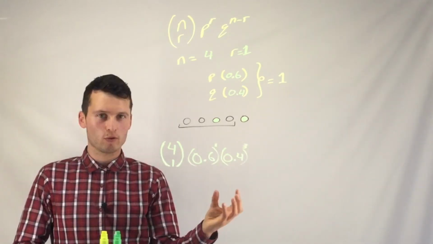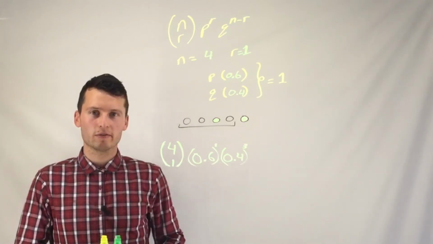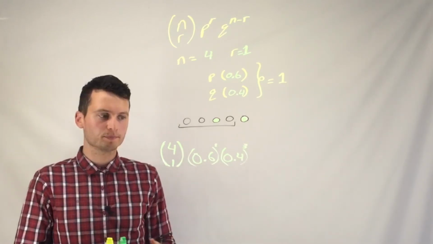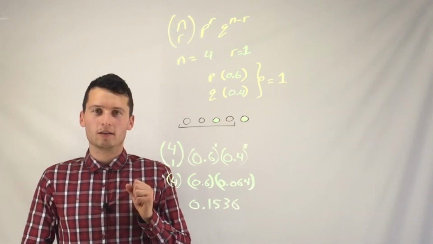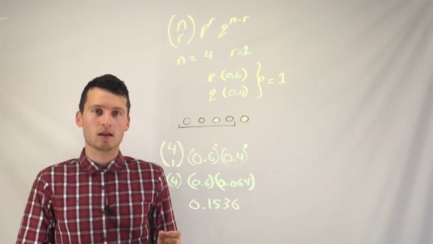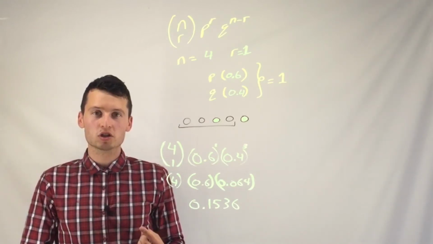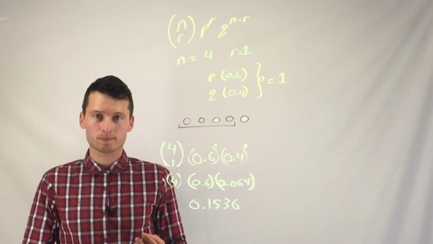So we'll work with the 4 shots first, and then later we'll consider the probability of the 5th shot. This means that there's a 15% chance of this particular basketball player scoring 1 shot from 4 throws.